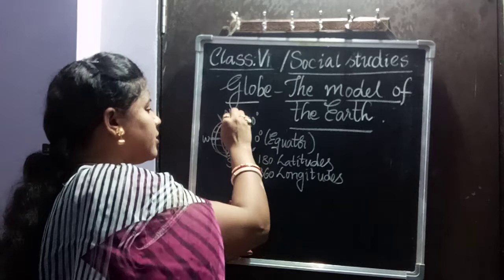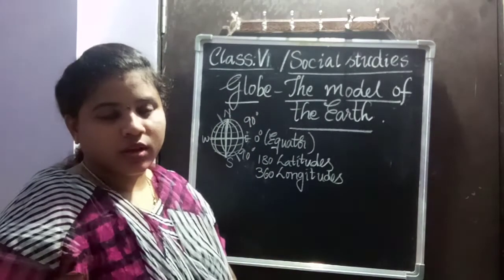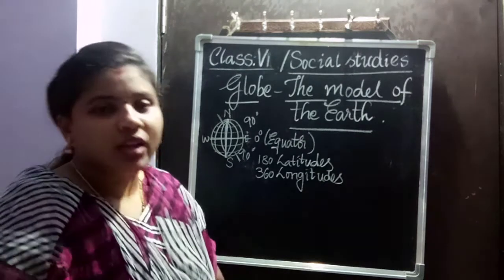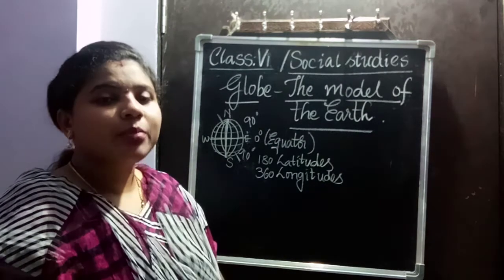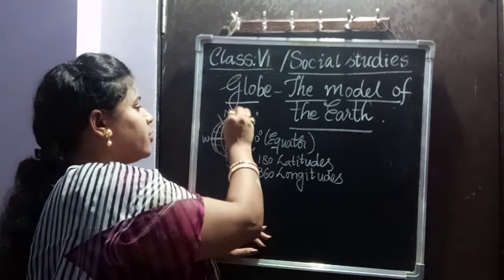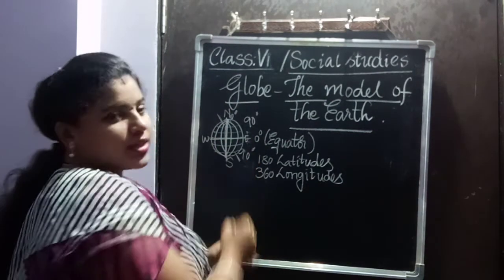Among them, the important longitude is the Greenwich longitude or prime meridian. This is placed from 0 degrees north to 0 degrees south.